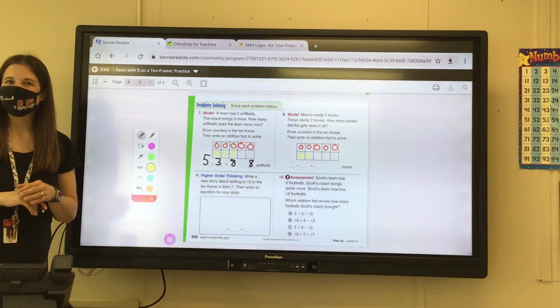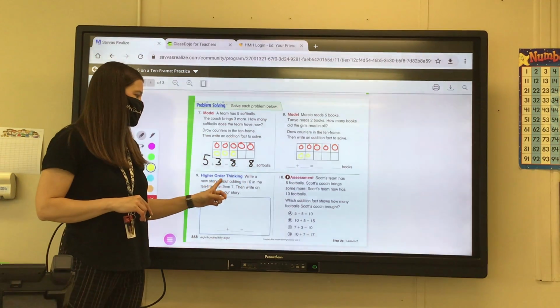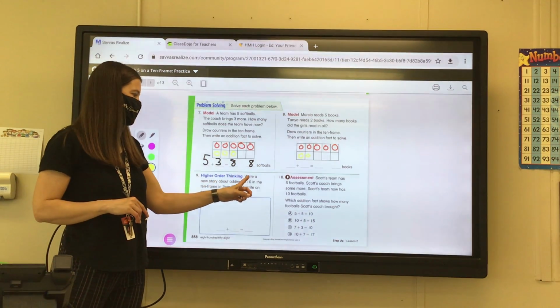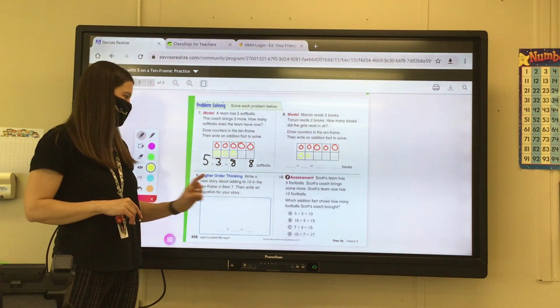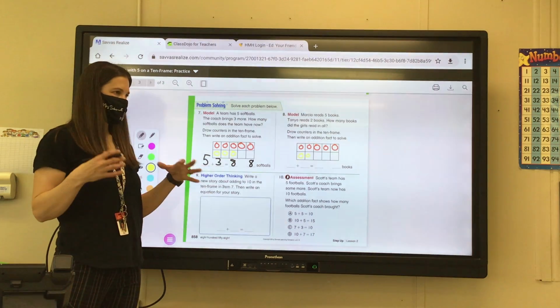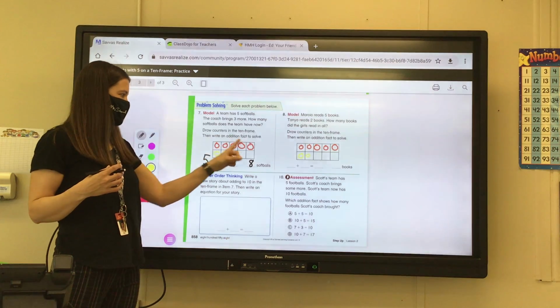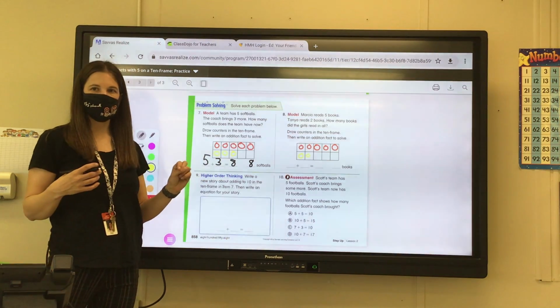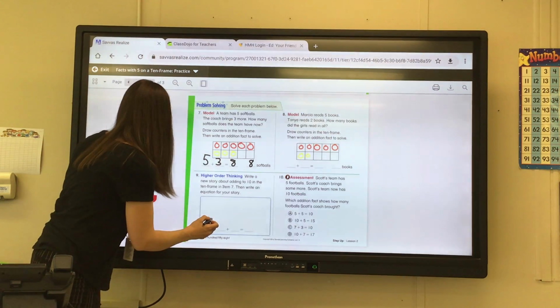Okay, so number 9. Let's listen. Write a new story about adding to 10 in the 10 frame in item 7. Then write an equation for your story. Okay, so let's go back to 7. How many softballs do they have all together? 8. So you can write that in down here.